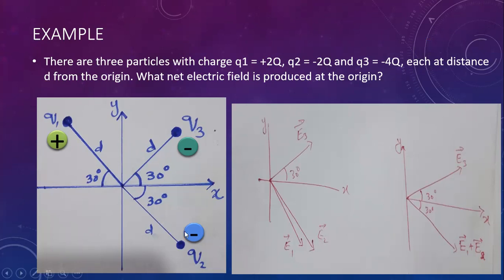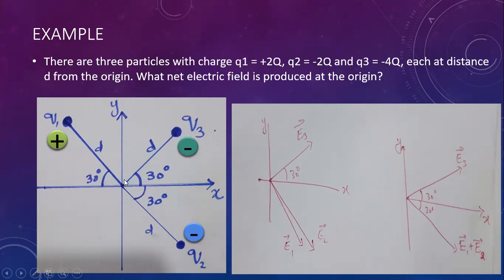Here we have this figure indicating Q1, which is at a distance d from the origin with an angle of 30 degrees. Q2 is also at a distance d with an angle with the x-axis of 30 degrees, and Q3 is also at a distance d from the origin, and its angle is also 30 degrees.